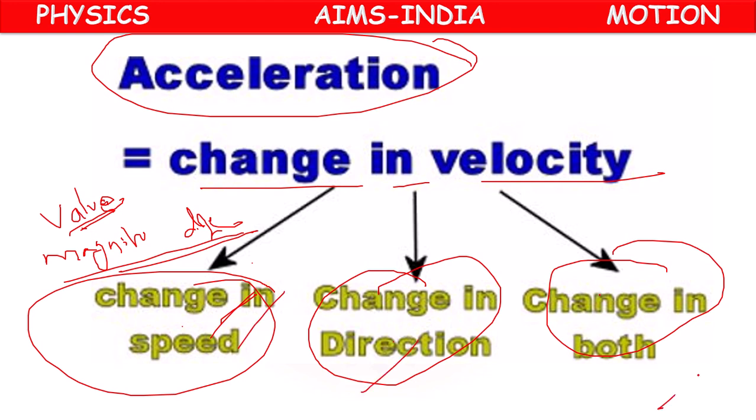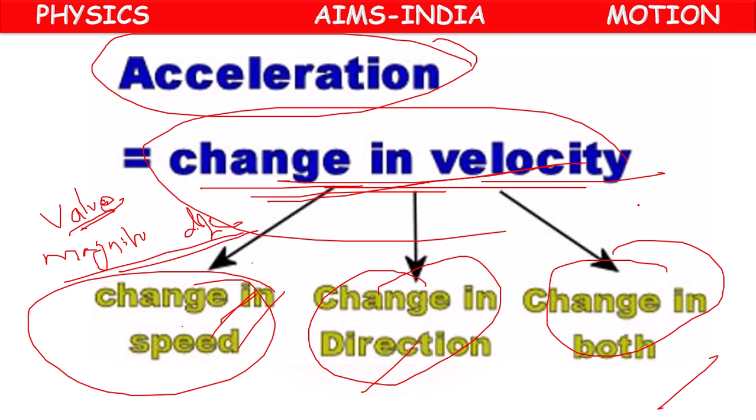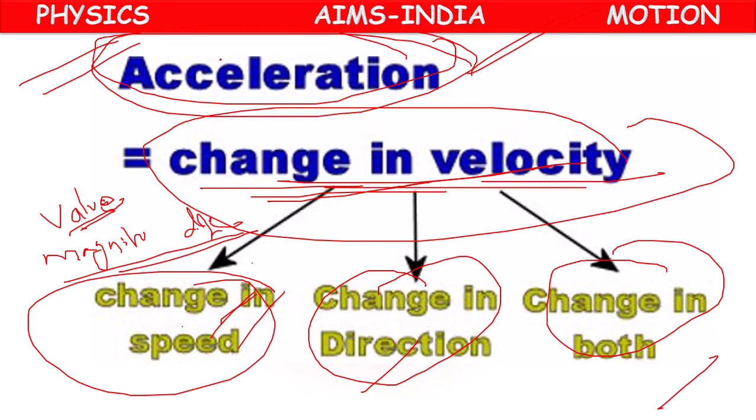Because of these three reasons, if any change in velocity happens, this change in velocity is called acceleration. So we have a new word called acceleration, children, which means change in velocity. The reason may be any one of these, but change happened. So that's why there is acceleration.